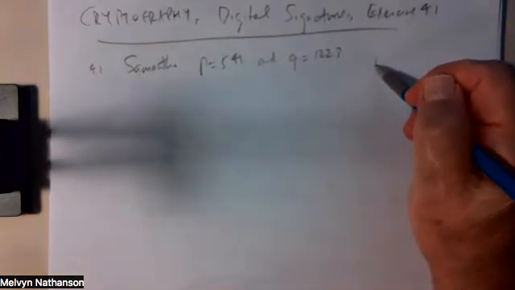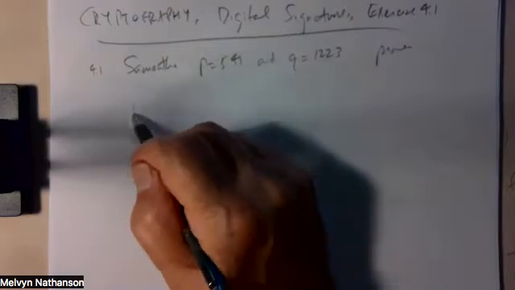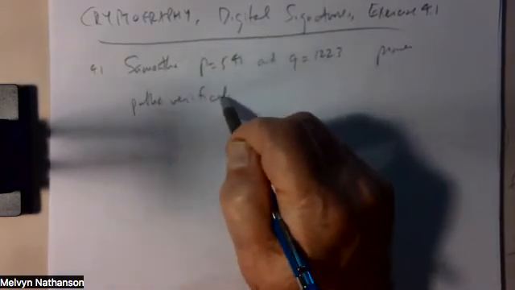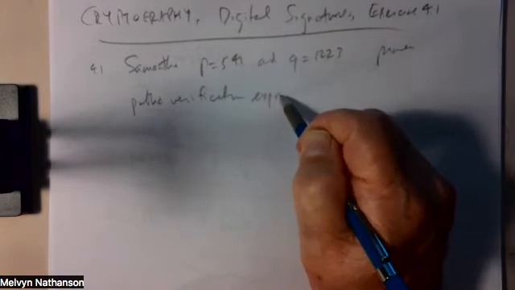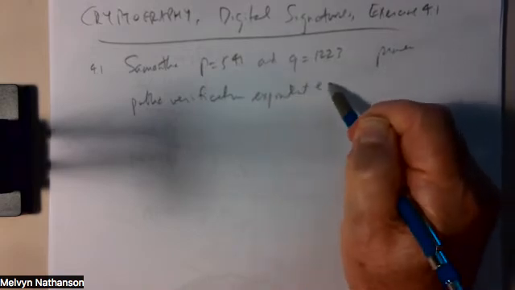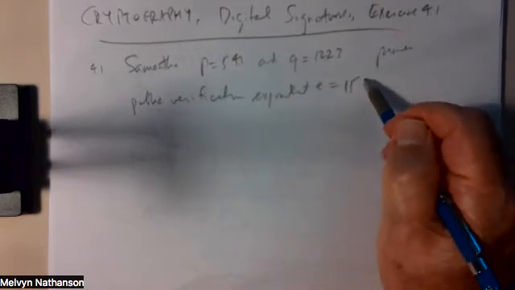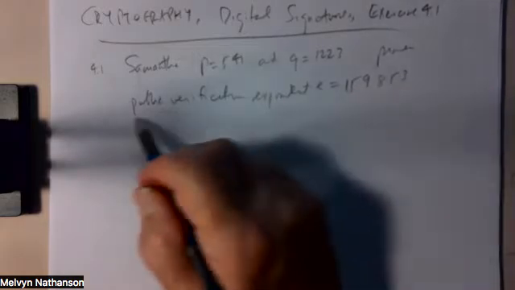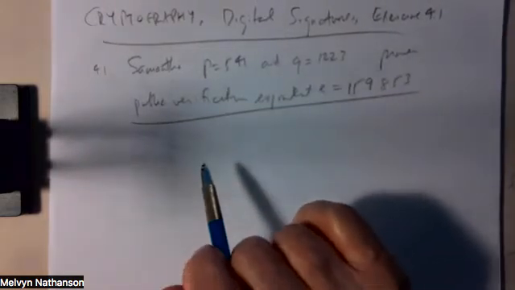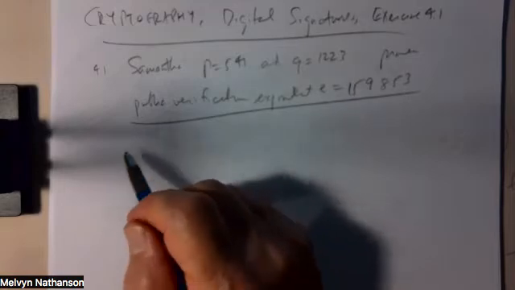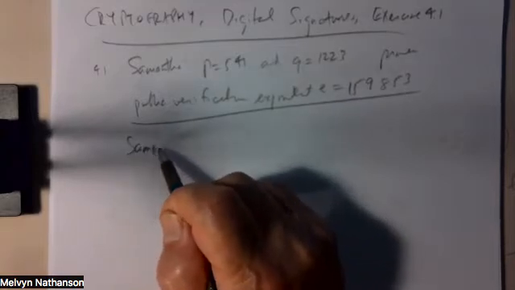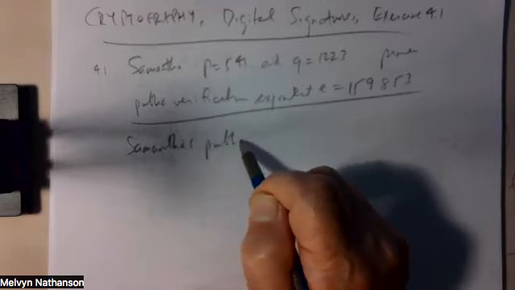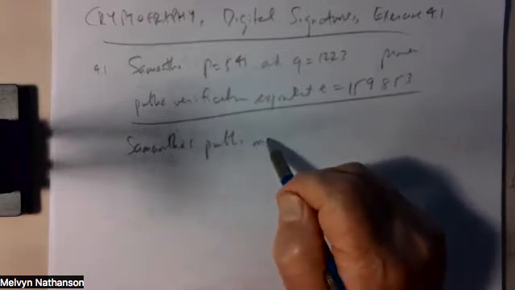These are her primes, and her public verification exponent E is 159853. So what is the public modulus that she gives to the world?